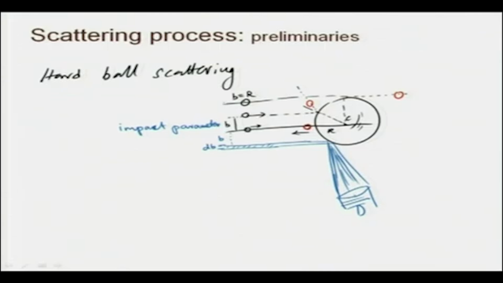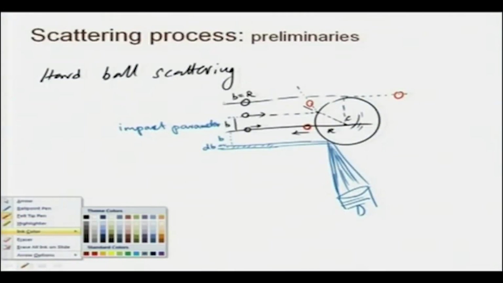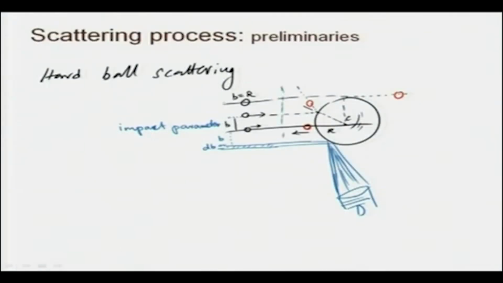Supposing somebody hides this area from you, and puts some kind of a screen in front of you, something like a green screen, so that it covers your scattering object, the big sphere. You send this beam of small beads and put your detector D there and receive the beads.